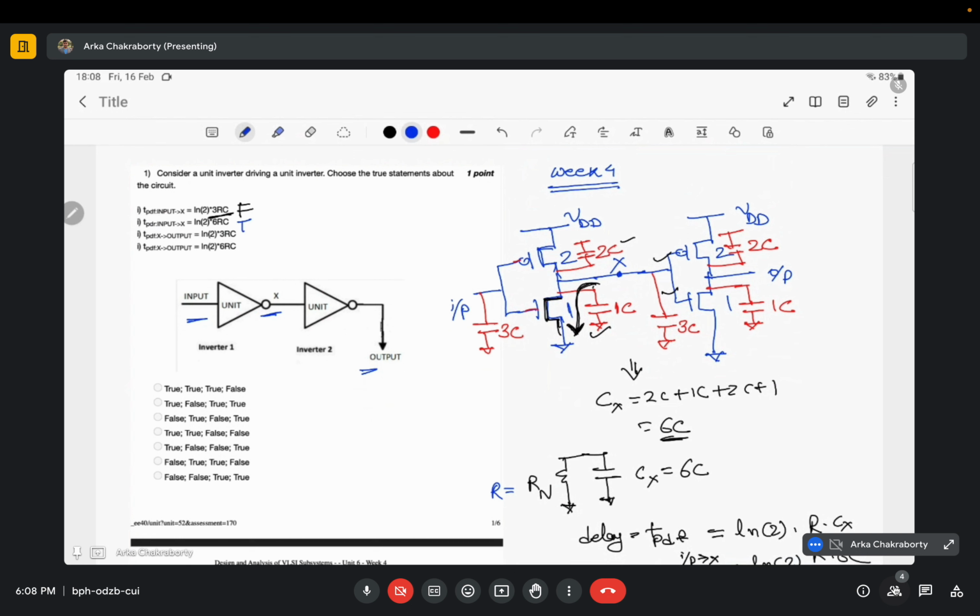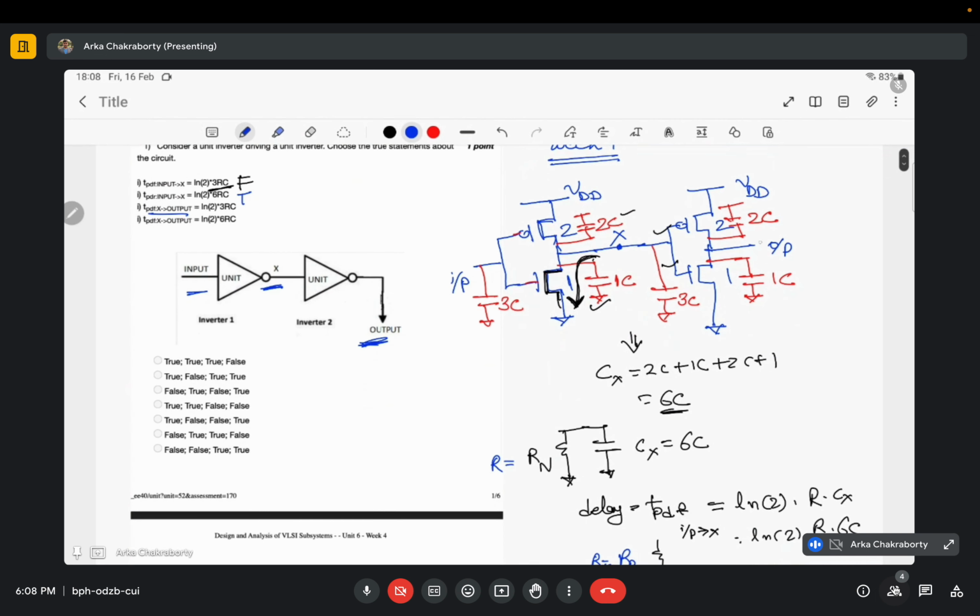Now the third one, t propagation delay from X to output. You can see the output capacitance, C output, is nothing but these two capacitances, so it is 2C plus 1C, that is 3C. As it has been mentioned, it is the falling delay, so this NMOS is involved in discharging this.